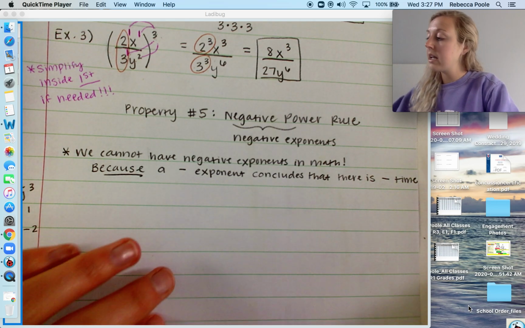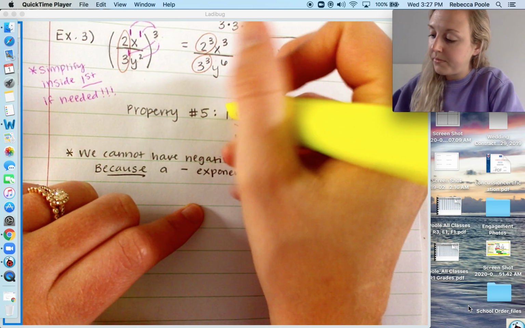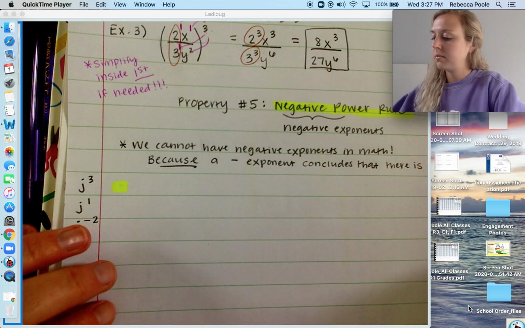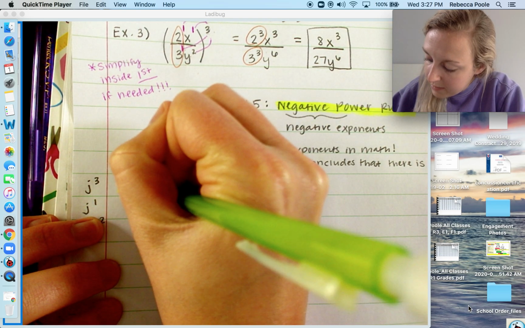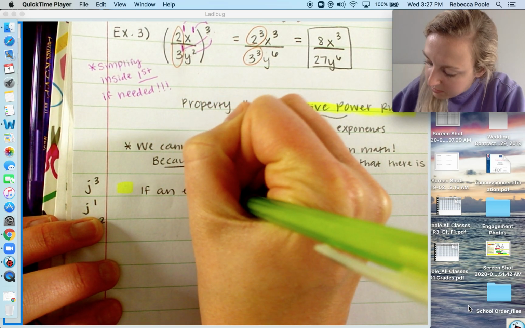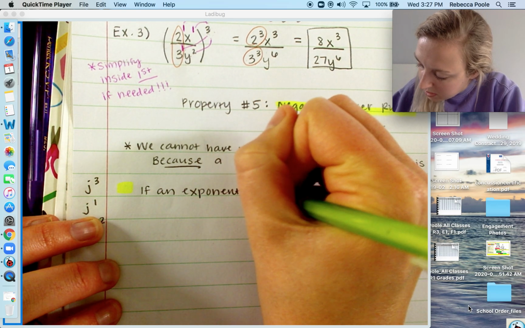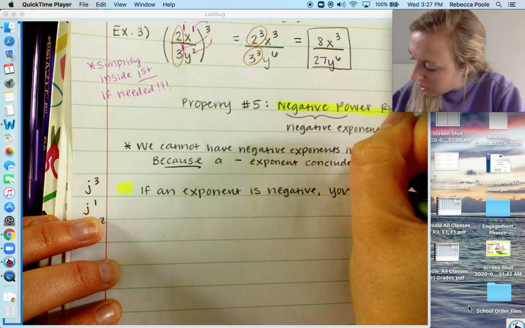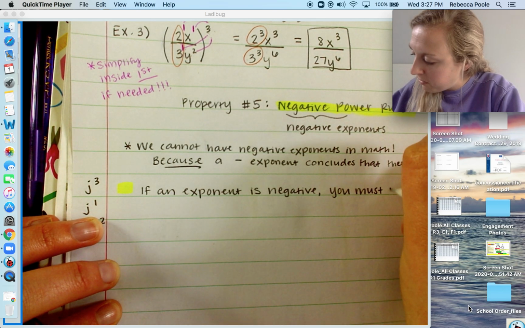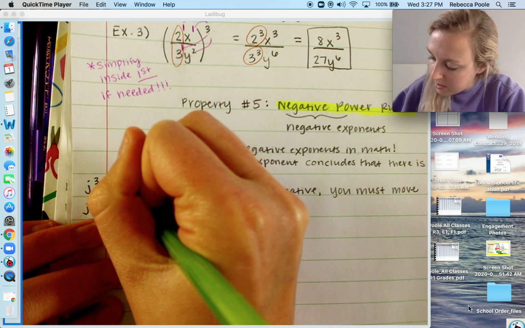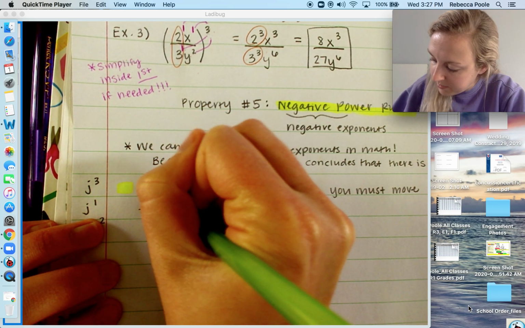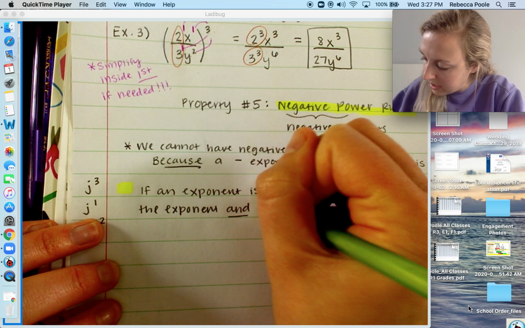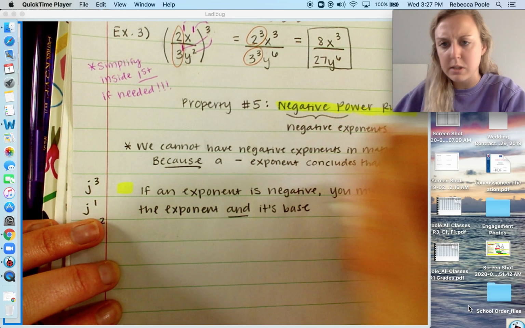So our negative power rule says this. If an exponent is negative, you must move the exponent, and this is important, its base, because you can't just have an exponent floating by itself.